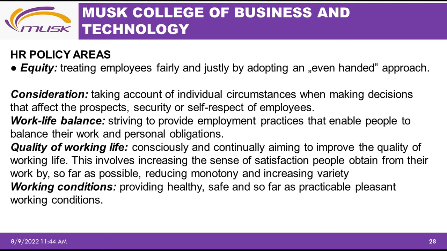We have consideration, taking into account individual circumstances when making decisions. So every circumstance is different. Work-life balance, we can also have policies around that. So how are employees able to manage or balance between work and life? Quality of life, consciously and continuously aiming to improve the quality of working life. So how do we ensure satisfaction of employees? And also what we call working conditions, providing healthy and safe working conditions.